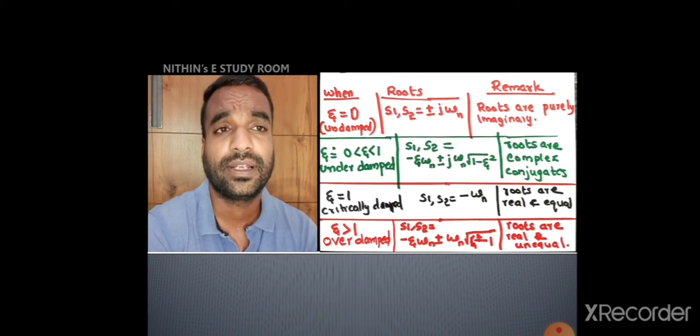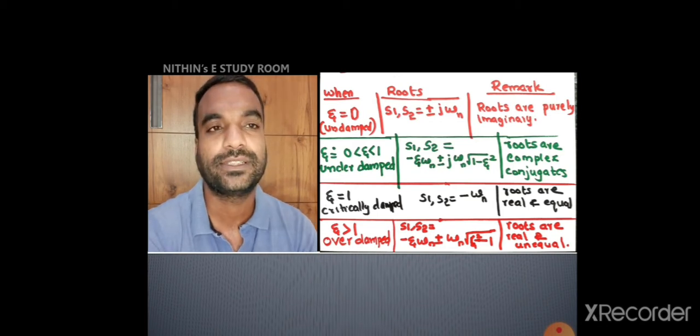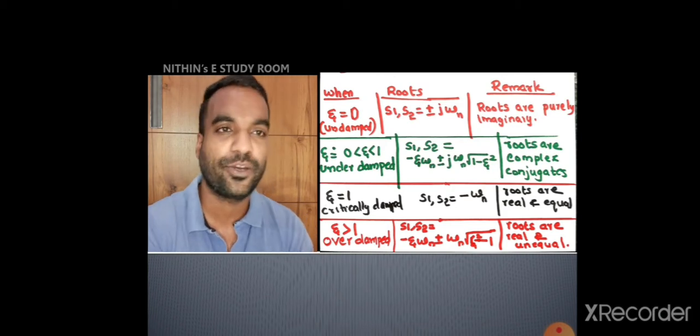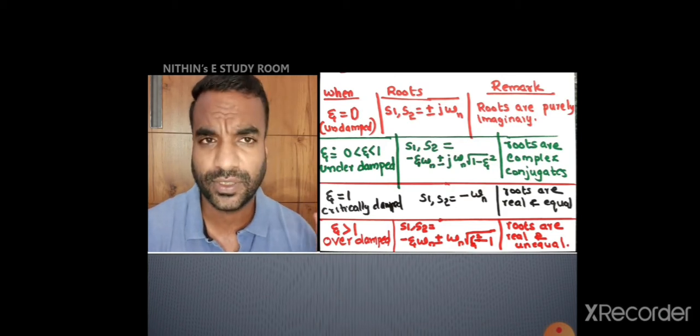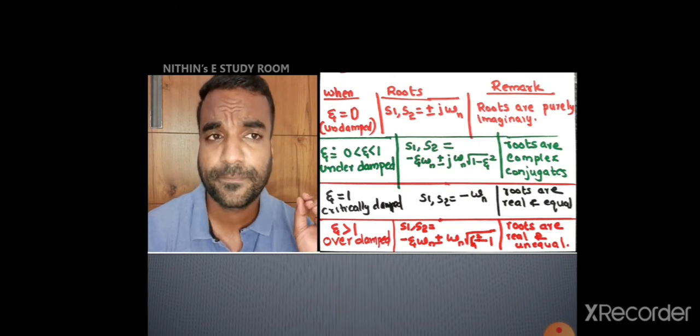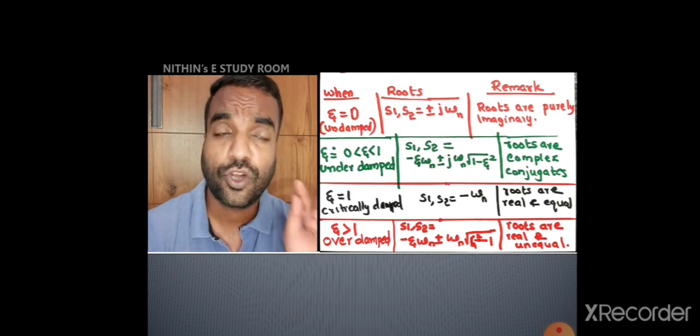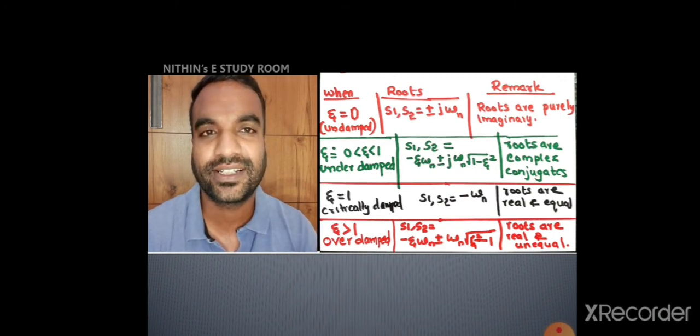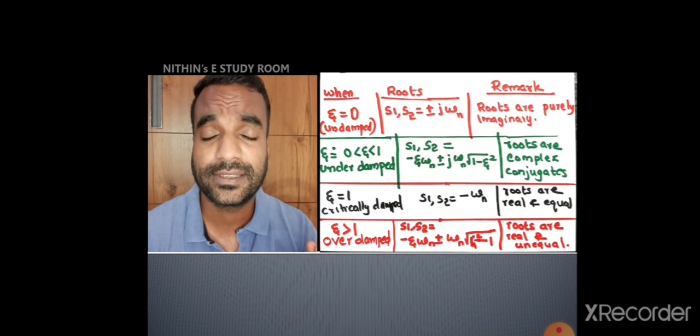The first root's imaginary term is plus j omega n root 1 minus eta square, whereas the second root's imaginary term is minus j omega n root 1 minus eta square. That condition is known as complex conjugates. So, if roots are complex conjugates, we have to understand that the system is underdamped. Eta's value is greater than 0, less than 1.